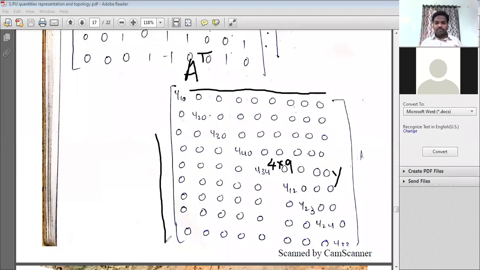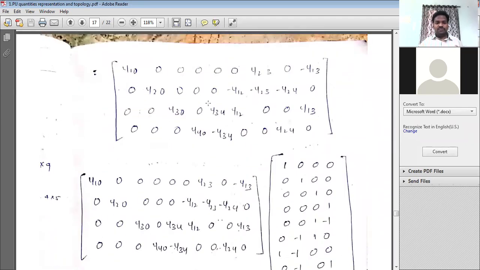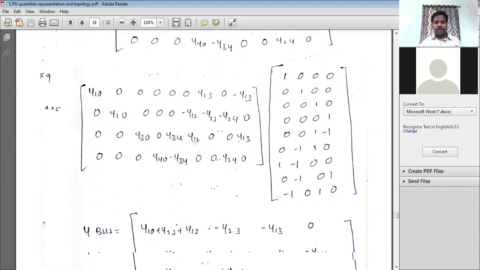Except the diagonal elements, all the elements are equal to 0. The first matrix is A transpose, the second matrix is Y, and the third one is A, of size 9 by 4. So obviously you will get this one.